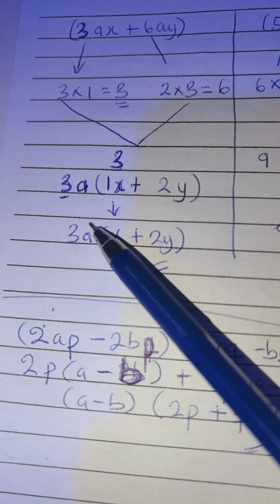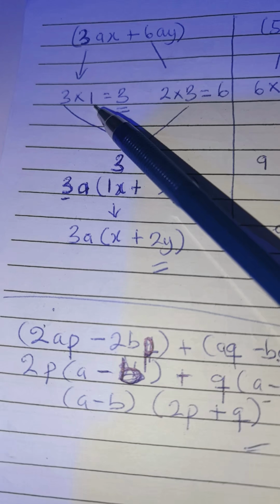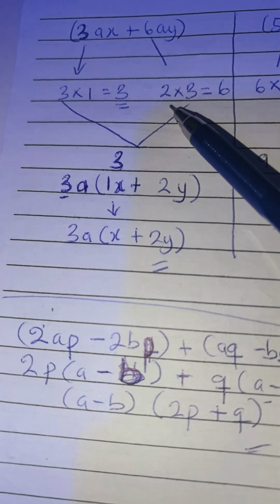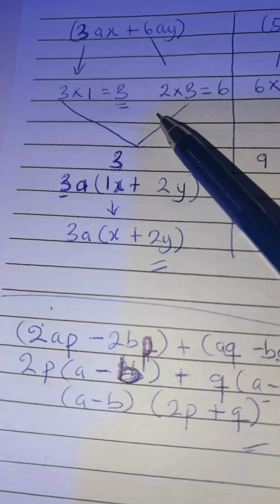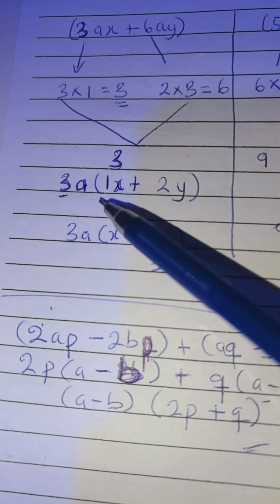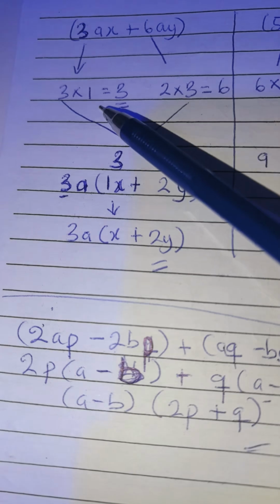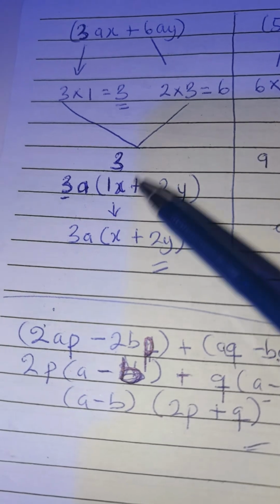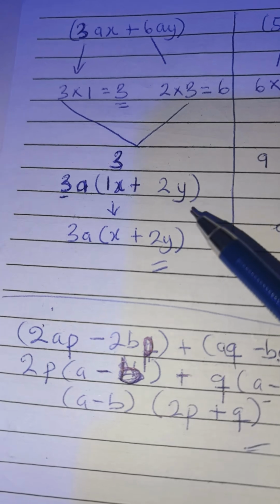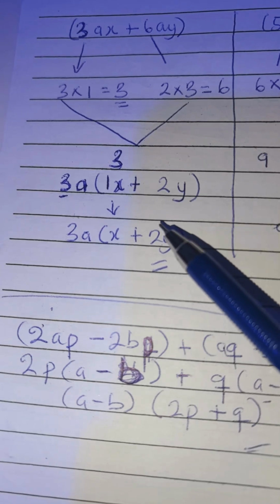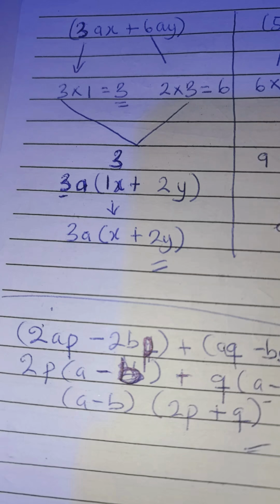If you have 3 there, this factor was left, this is 1, and for 6, 2 was left behind. Those that were left behind, you bring them inside the brackets. So 1 comes here, 2 comes down.